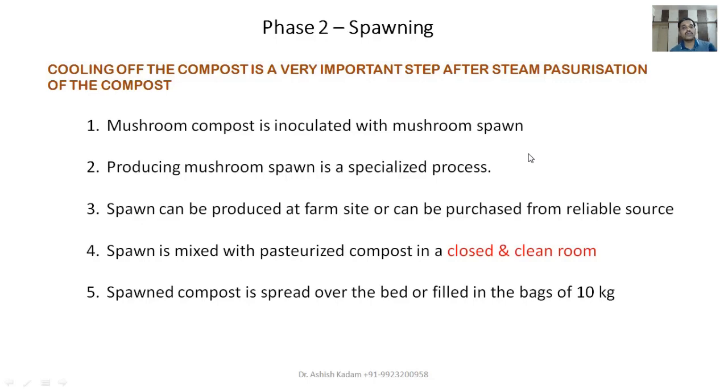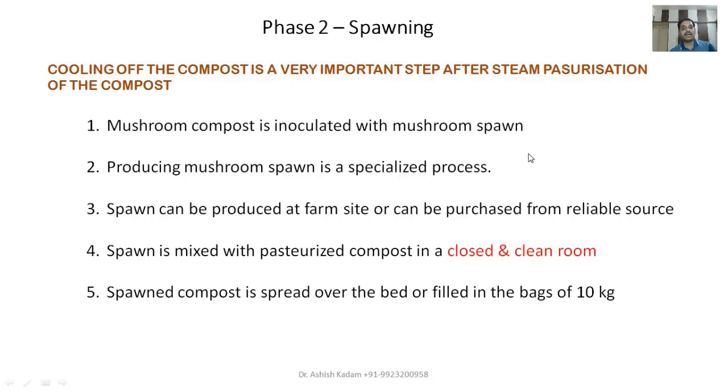But if you are a small grower with a small farm, it is always better to go for third party supplied refrigerated inoculated grains, though there is a disadvantage with the refrigerated grains. Spawn can be produced at a farm site, or it can be purchased from a reliable source.